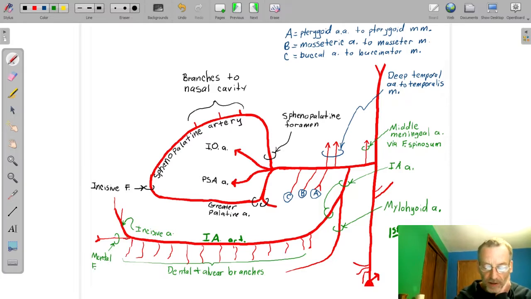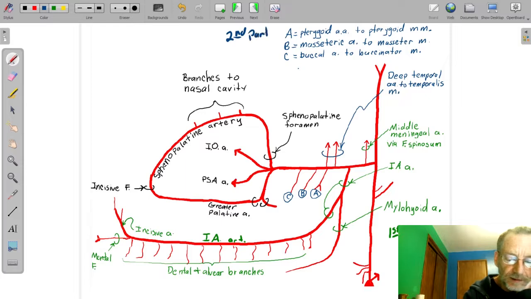Okay, the middle part is shown in blue, or the second part. That's going to our muscles of mastication, basically. So I put little labels on some because I couldn't write what I wanted to in there.